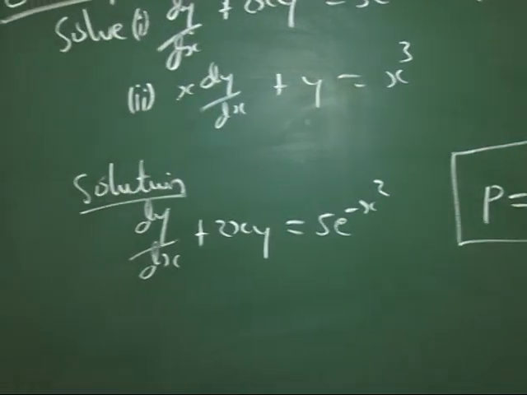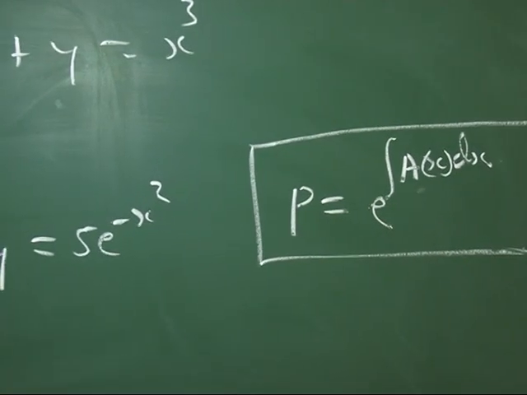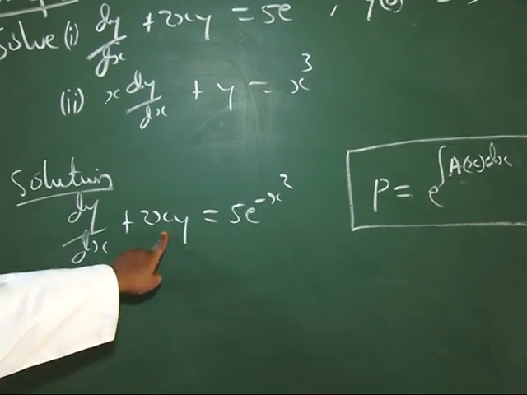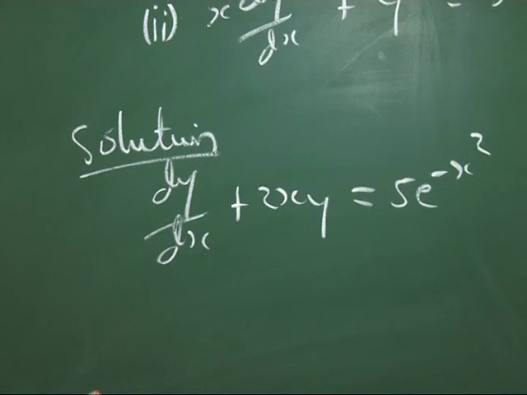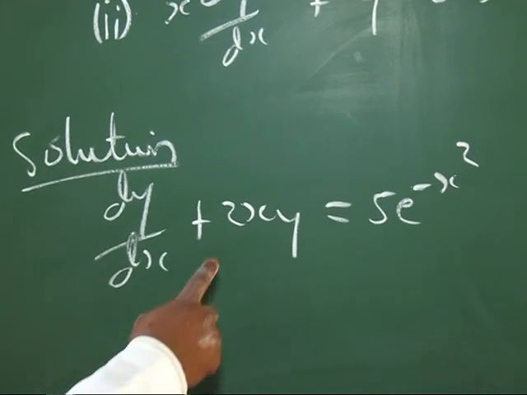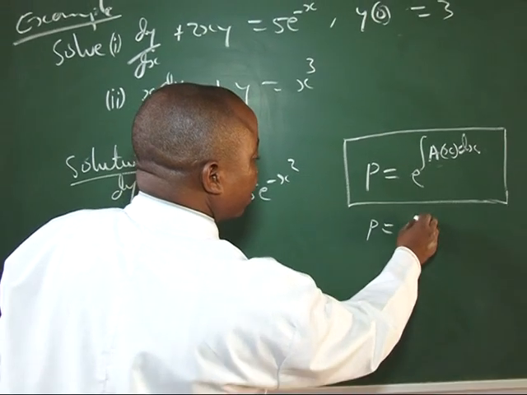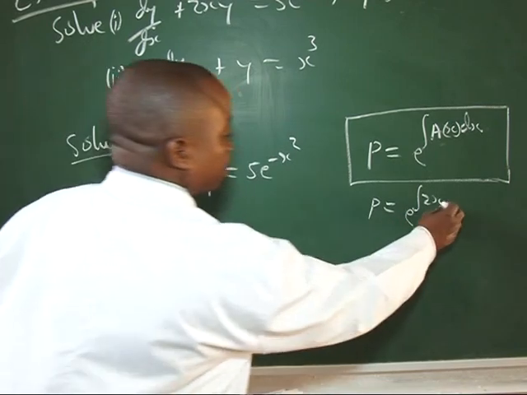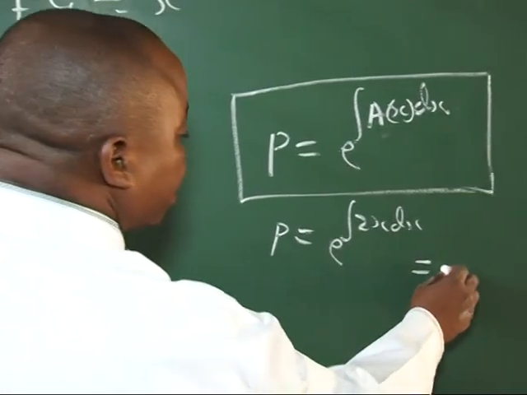So now, a of x in this equation is 2x. This is where we have 2x, in this place. So what we'll do now is to raise 2x and say exponential integral 2x dx, which will be exponential x squared.